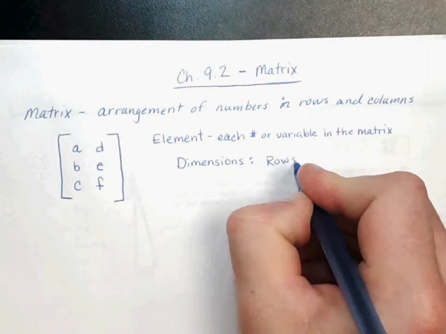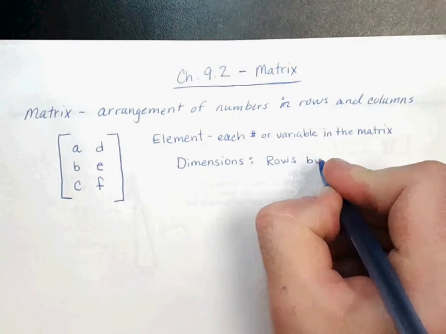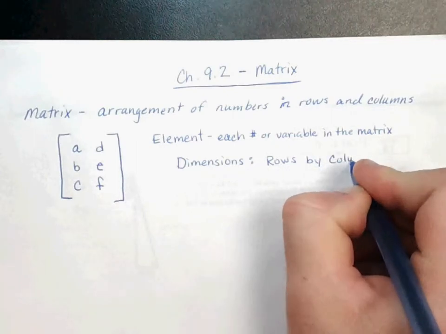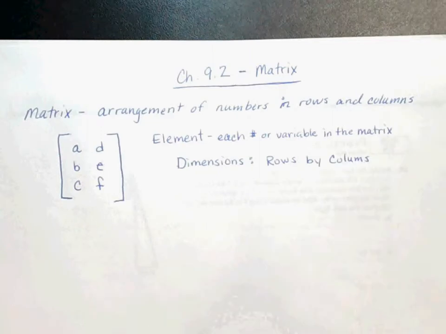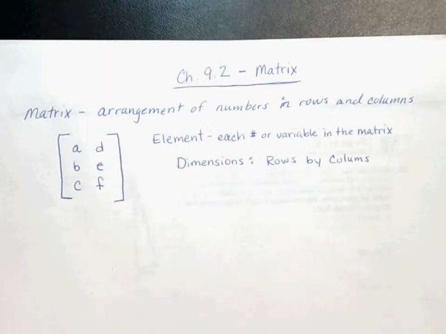To find the dimensions, we label it rows by columns: the number of rows by the number of columns. Like when you see a 2x4 piece of wood, the 2x4 is the dimensions. So we're going to be talking about the dimensions of our matrix in rows by columns.